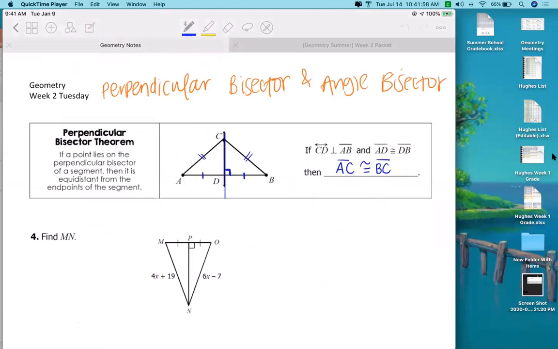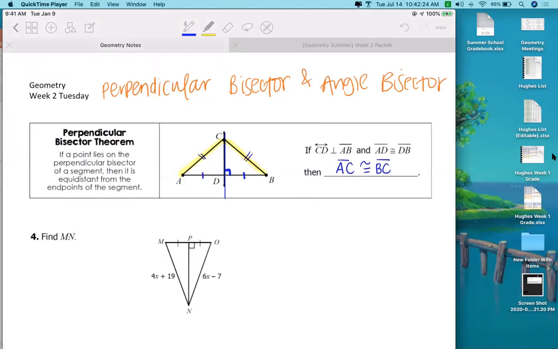If we have CD be perpendicular to AB, that means forming this right angle here. And they tell you that if the bottom two lengths are congruent, then AC is congruent to BC. So perpendicular bisector is telling you that we know these two lengths are congruent now.